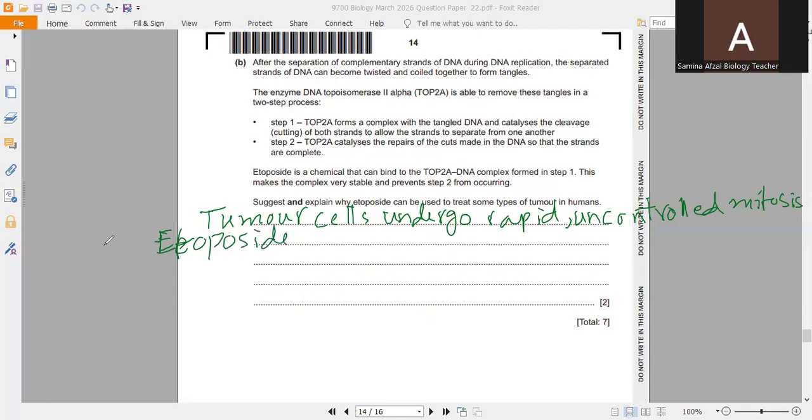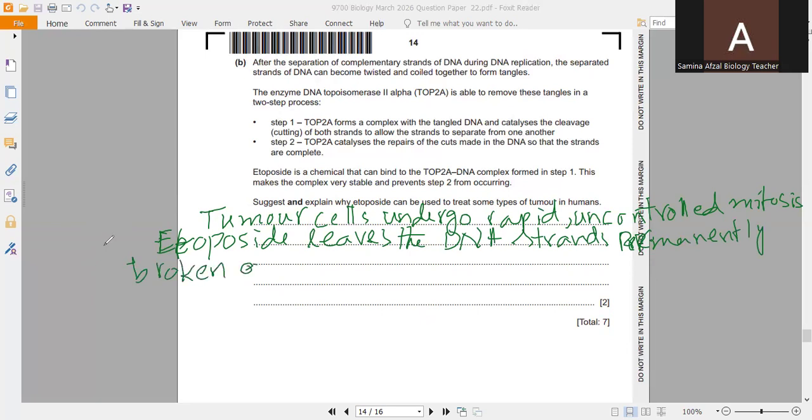Etoposide leaves the DNA strands permanently broken or fragmented because step 2 cannot occur.